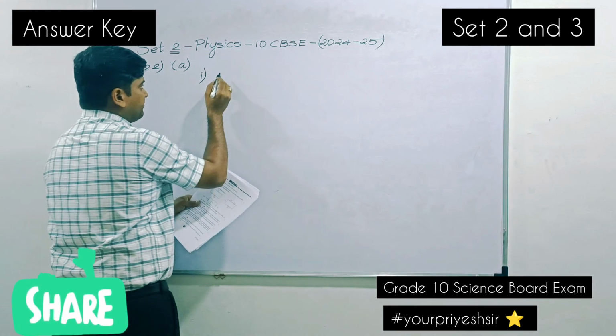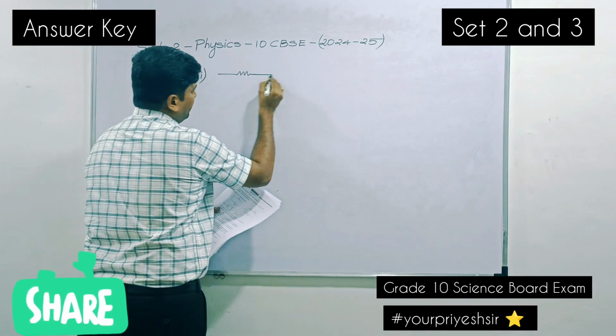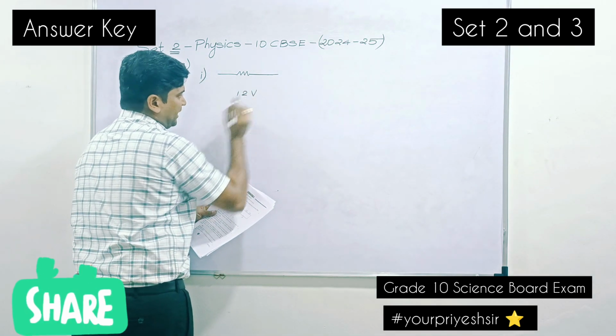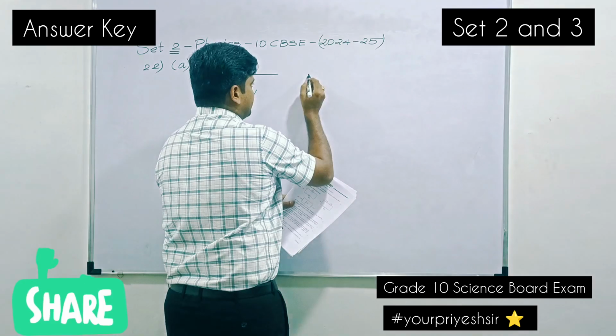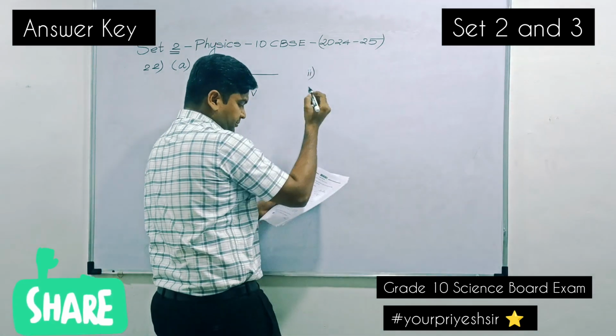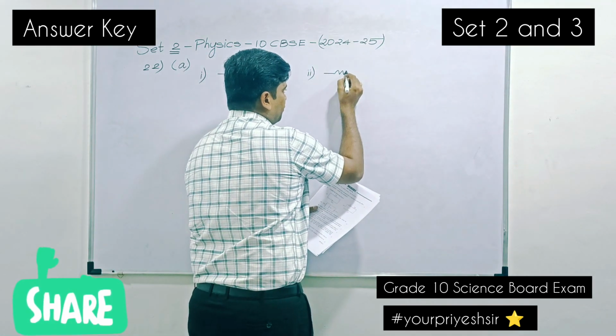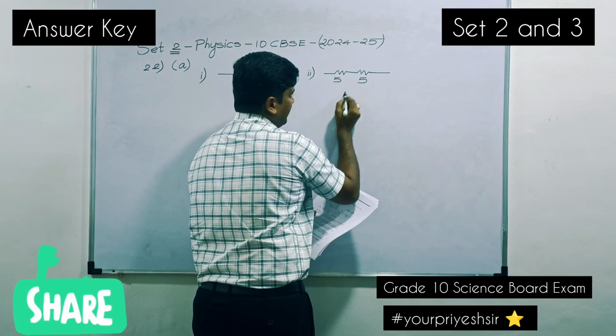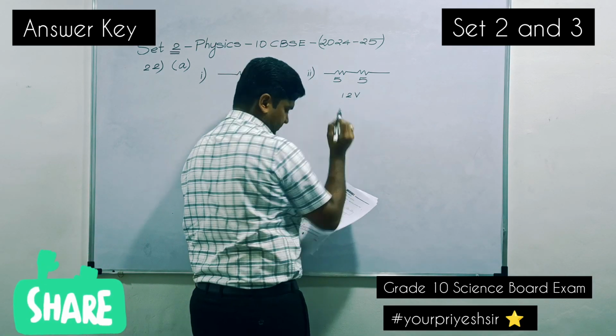First circuit में it's given 5 ohm का resistor है and 12 volt का battery है. Second circuit में 2 5 ohm resistors, 5 and 5, and again 12 volt का battery है.